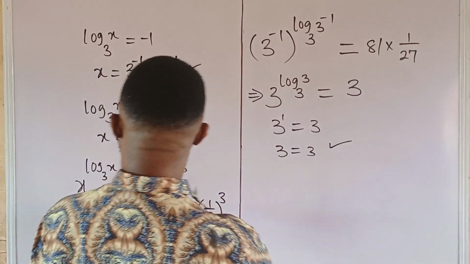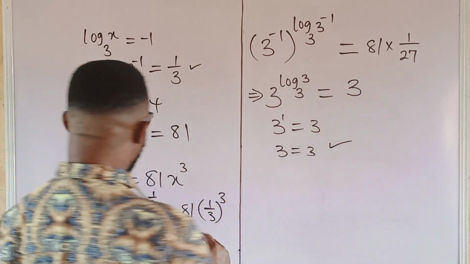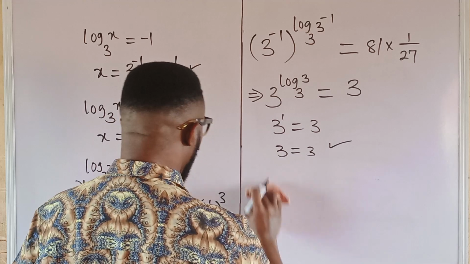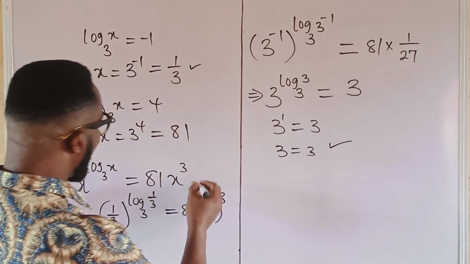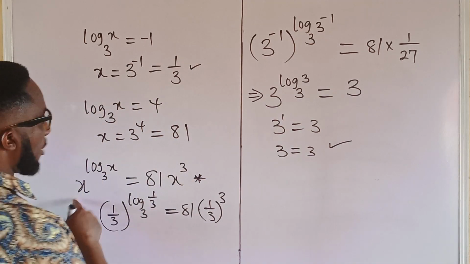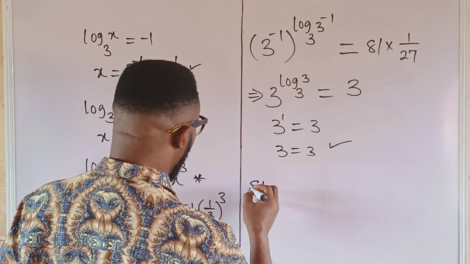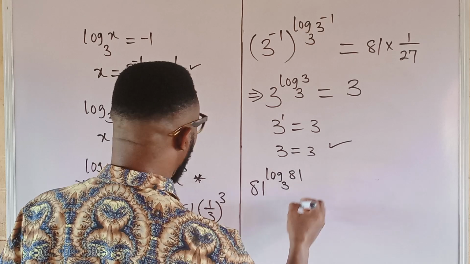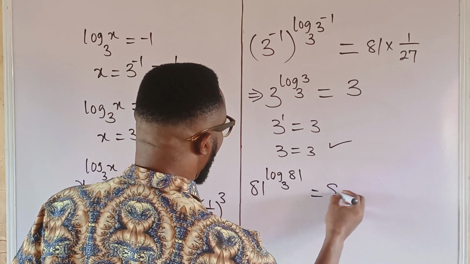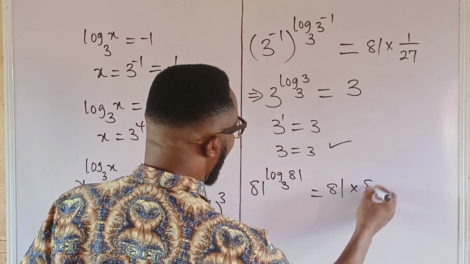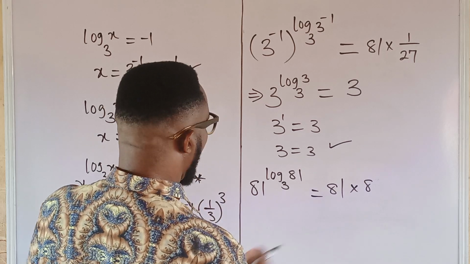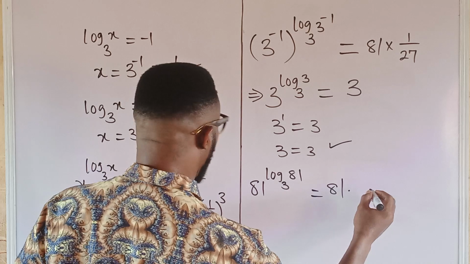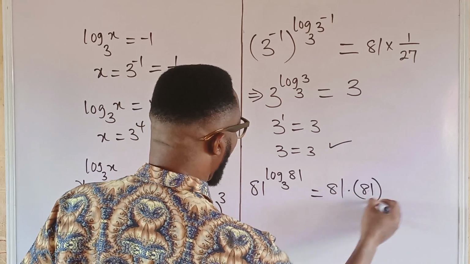For the other one, x equal to 81, we shall do the same. No need to write the expression again. The equation is here already. 81 raised to the power of log to the base of 3 of the argument 81 equal to 81 multiplied by 81 to the power of 3.